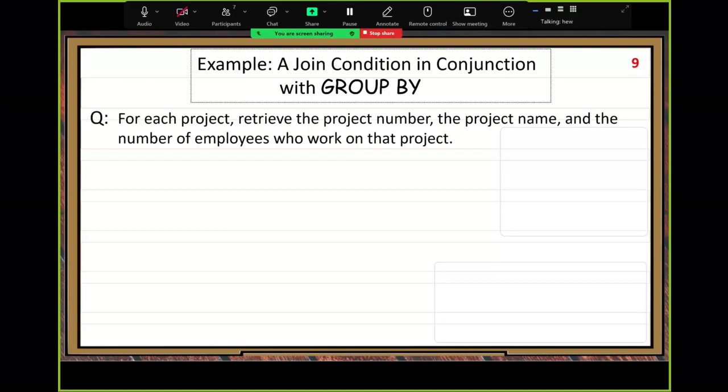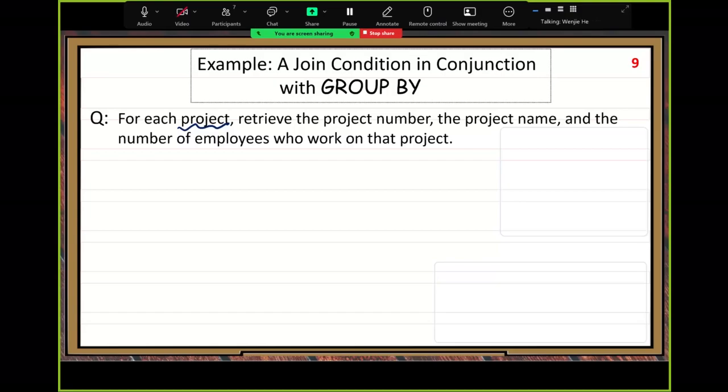All right. Question: for each project, retrieve the project number, the project name, and the number of employees who work on that project. To write this query, first you need to use the project table, right?